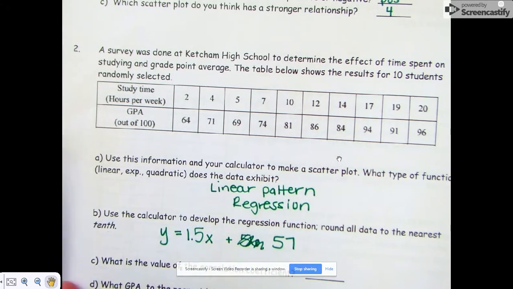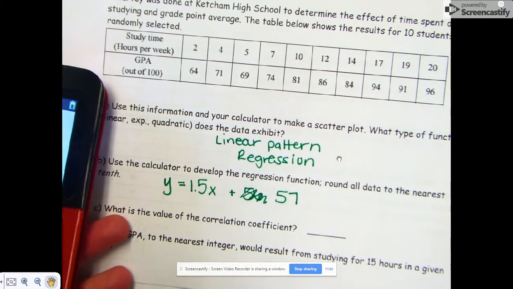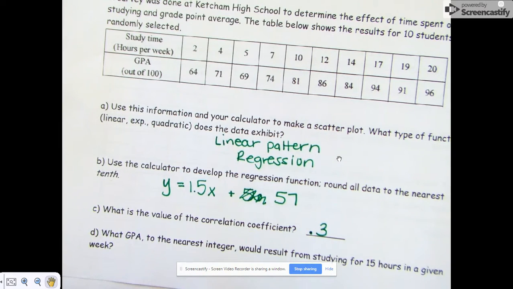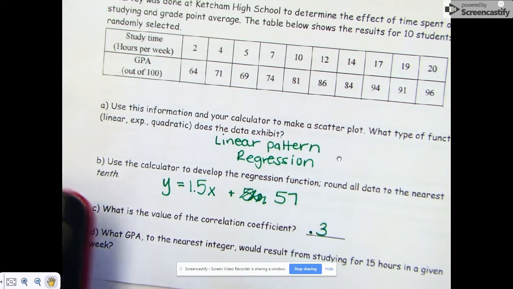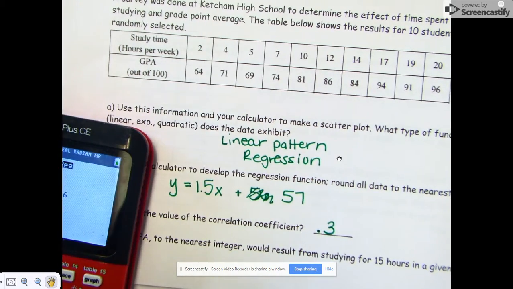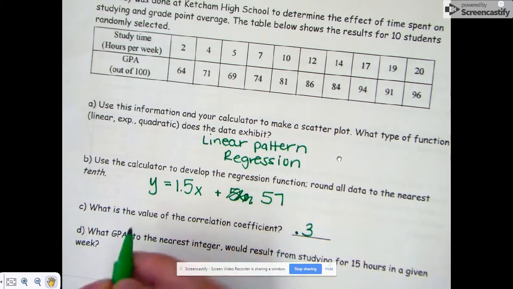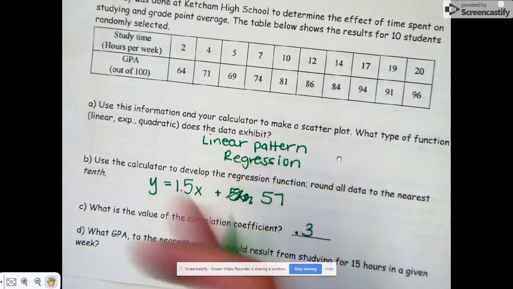Then it asks, what is the correlation coefficient? In this case, it's 0.3. So this data looks relatively weak. The correlation coefficient is positive because it should be going up: as the time goes up, your GPA goes up.